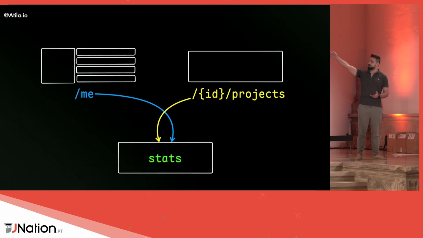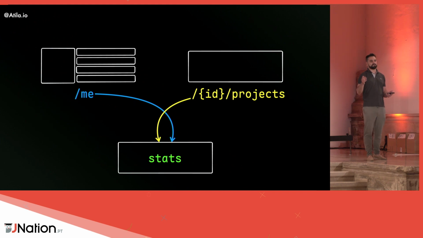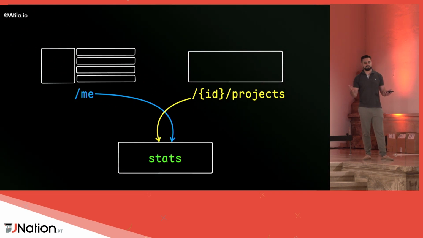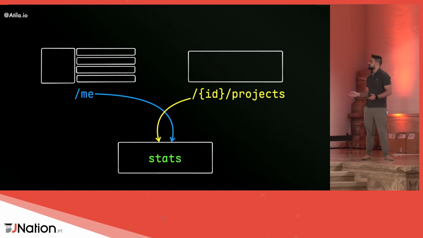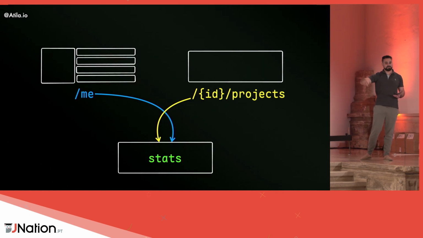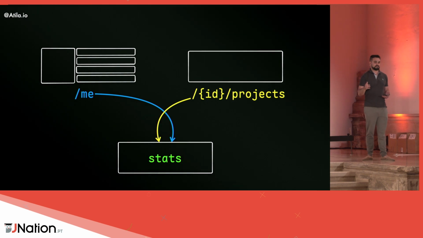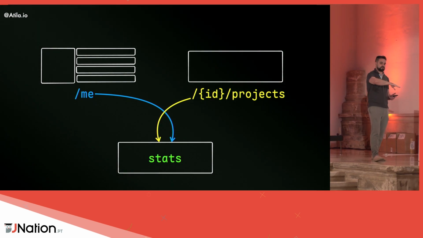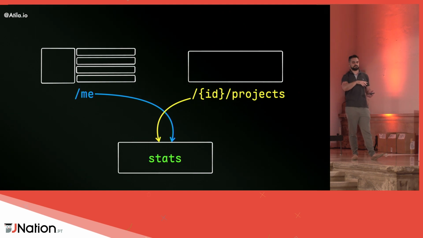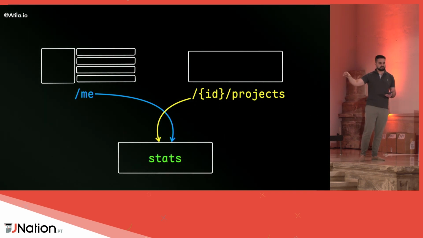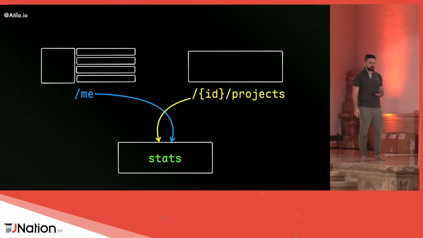Let's say, for example, I have one component that has that me endpoint, which grabs the data from a user profile. I also have another one that takes the ID of the user and grabs their projects. And another component takes the data from the user, like the last time the user changed or updated something, and the data from the projects, and builds up the stats.